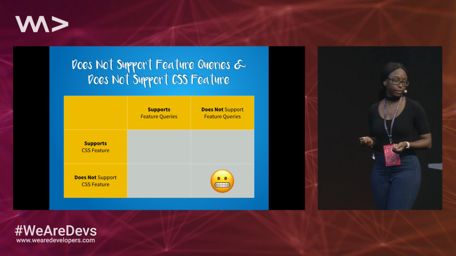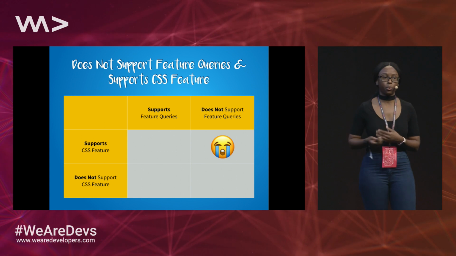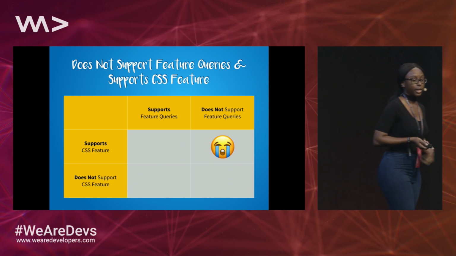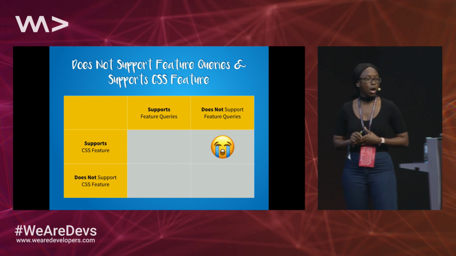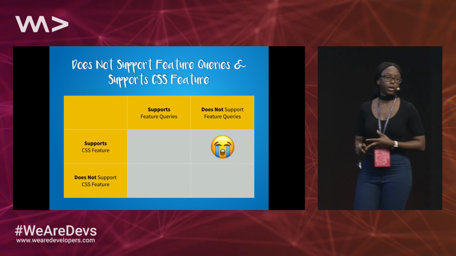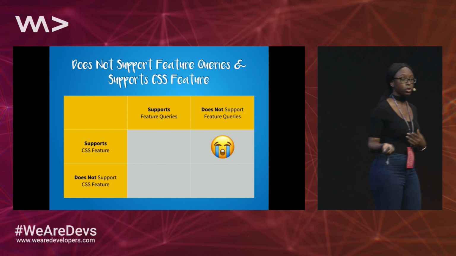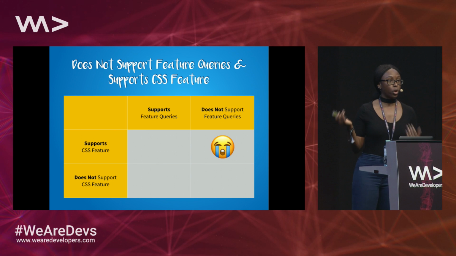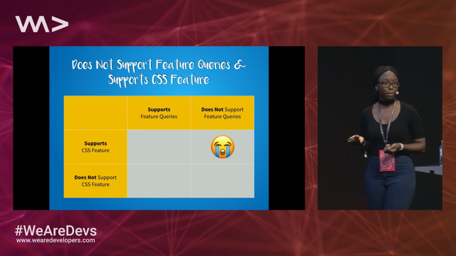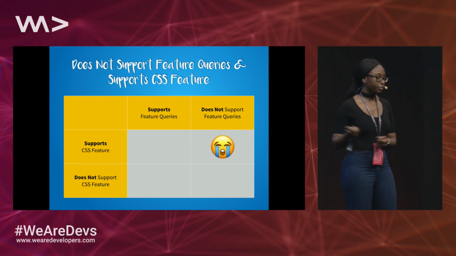So that works fine. The only scenario which we actually have to worry about is here, which is like Safari 7.1 or something, where it doesn't support feature queries, but it actually does support object-fit cover. And that's a scenario where we would have wanted the CSS block to be applied, but it won't be applied.